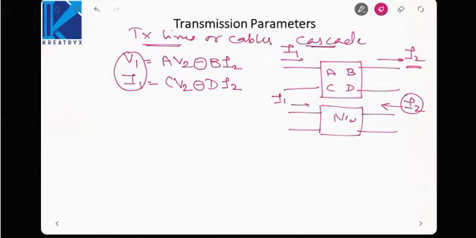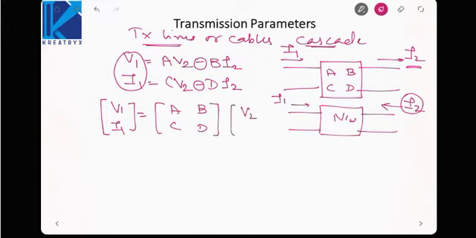This negative sign just signifies that the current is leaving from port number 2. So these can be expressed in matrix form as [V1, I1] equal to [A B; C D] times [V2, minus I2]. Minus I2 means current leaving from port number 2.